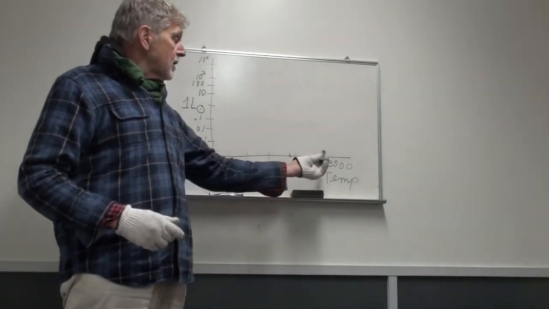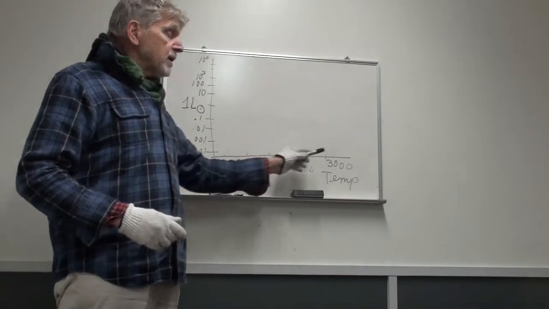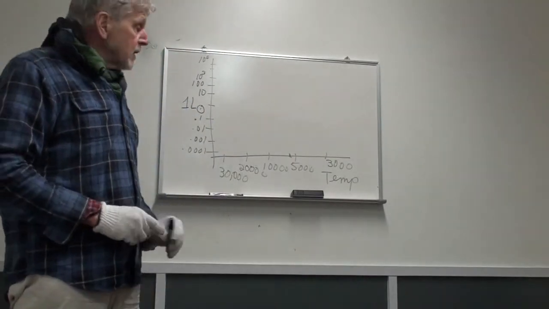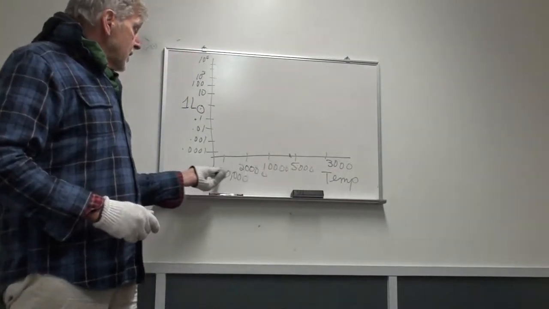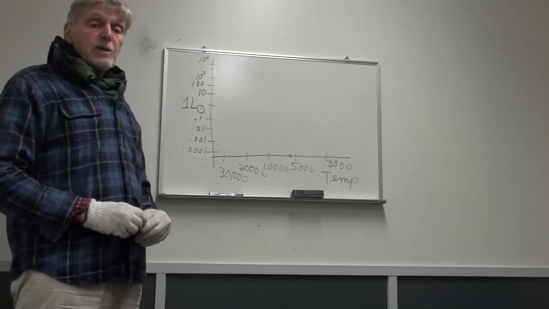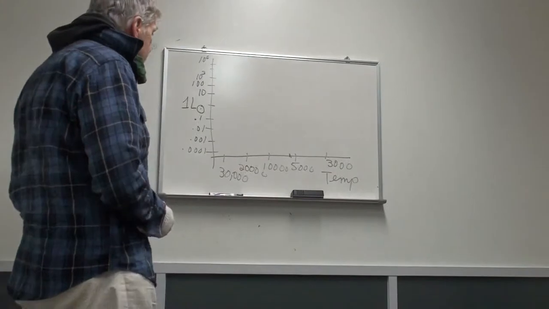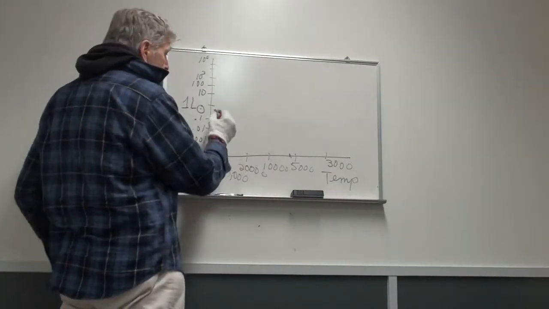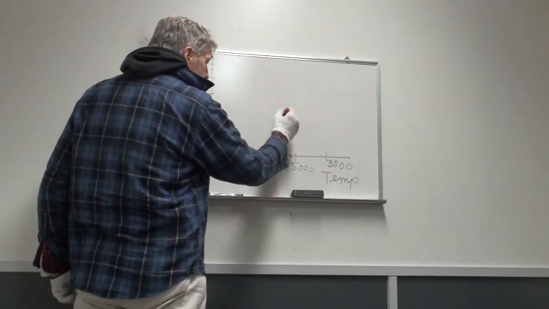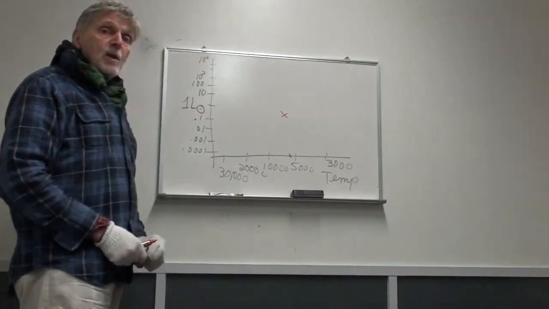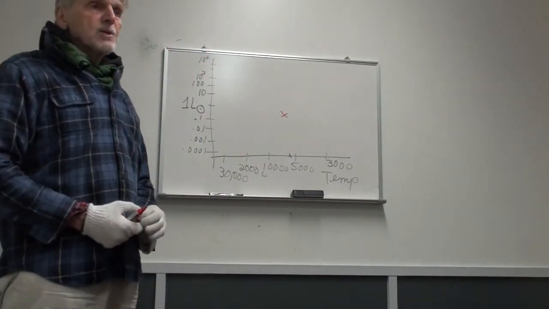Ordinarily, on the horizontal axis, the value would increase as you went out to the right. So in this one, the first thing to note is that the temperature increases as you come into the left. Now let's find the position of our sun on this graph. Well, it is 1 solar luminosity, and it is 6,000 degrees. So we put an X right there for our sun.